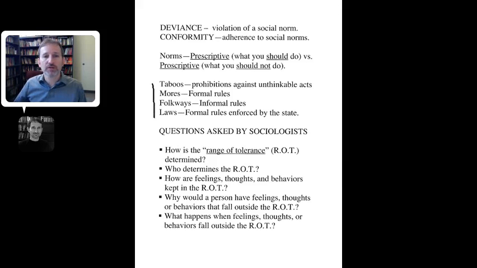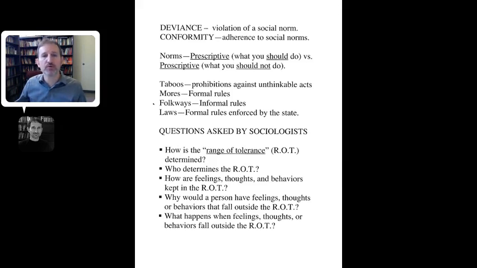More terms that we've already talked about, so I won't go into in great depth. Taboos, prohibitions against unthinkable acts, and some of the examples I think I've given you before: cannibalism and incest. Mores are formal rules, and mores are the basis for law in the United States.